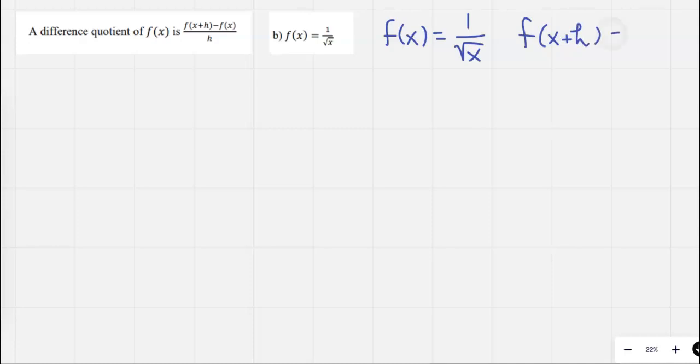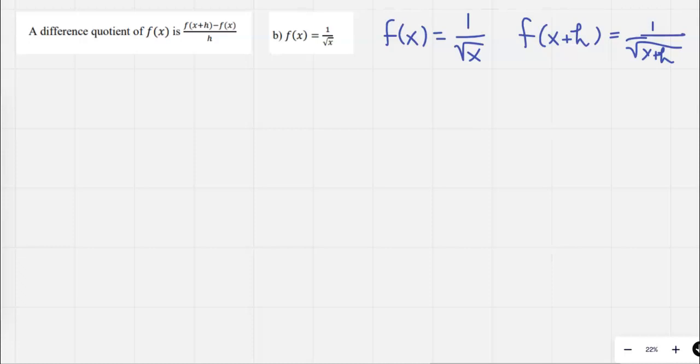We're going to replace whatever's in our parentheses, whatever's denoting our variable, in our function. So we're looking at simply 1 over the square root of x plus h. Super fancy, my artistic writing of it, okay?